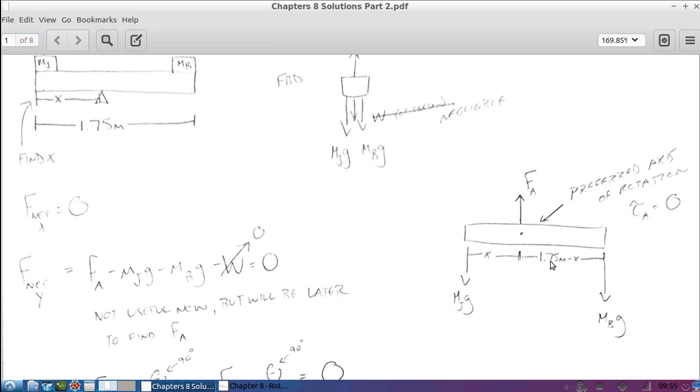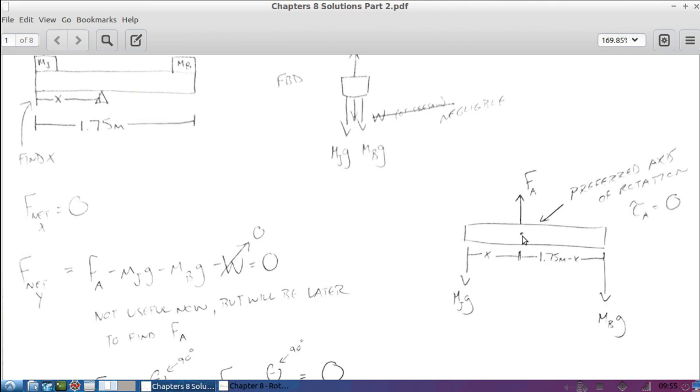I don't know how far Bob is yet because I don't know where I'm putting the fulcrum, but I have two expressions for where John is from the fulcrum and where Bob is from the fulcrum. We need to write expressions because we need to write expressions for the torques due to John and Bob.